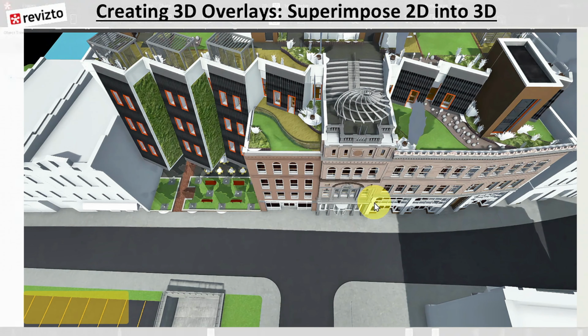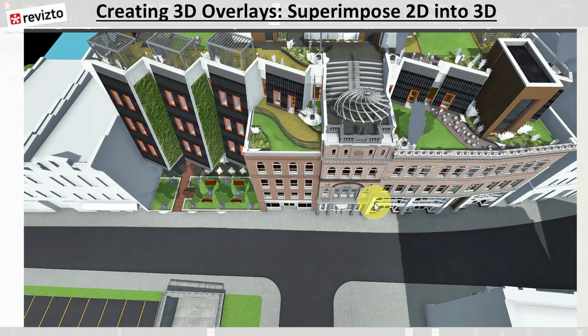In today's episode, Learning Revizto, we want to take a look at creating 3D overlays. This allows you to overlay a Revizto sheet on top of a model for better information context. We look at the 2D sheets that we exported from our Revit into Revizto, and we grab that sheet.